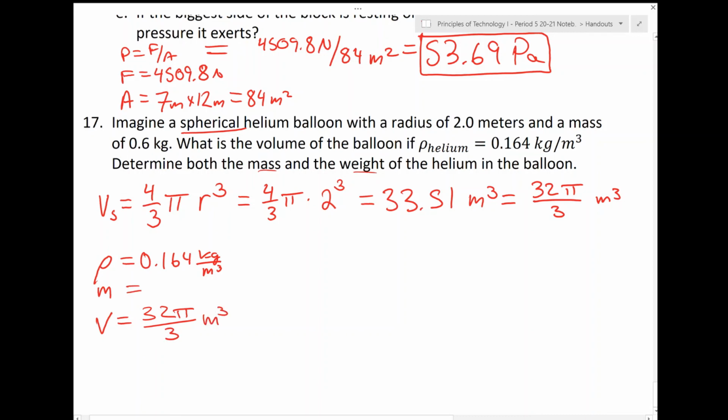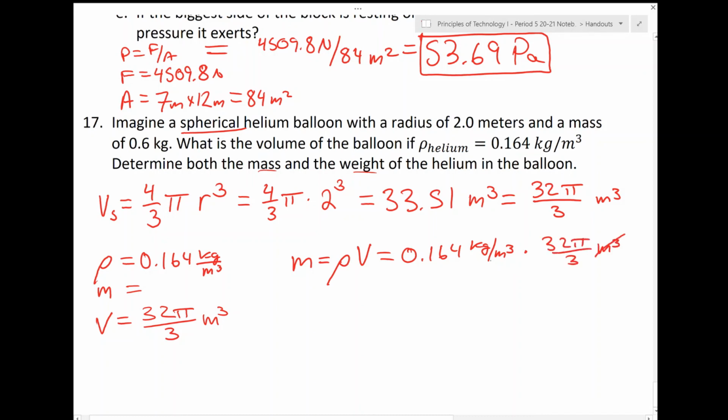We're looking for the mass. We know from up above that mass is equal to density times volume, because we've already solved this equation for mass. So the density is 0.164 kilograms per cubic meter, multiplying by our volume of 32 pi over 3 cubic meters.